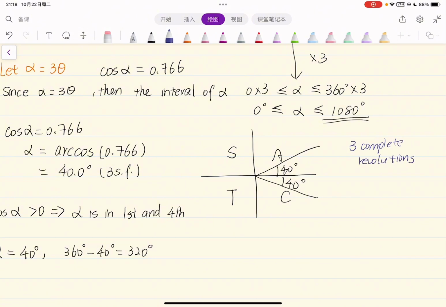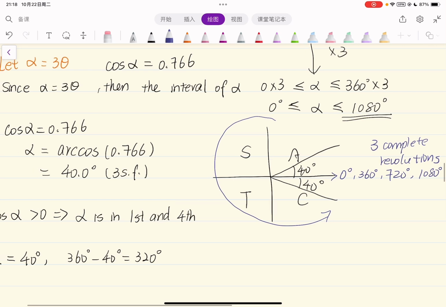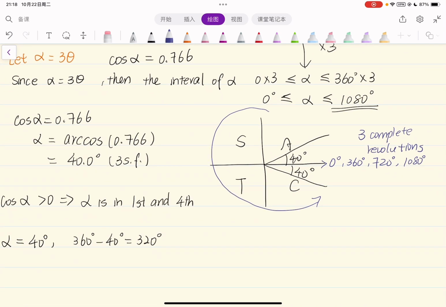We know that the positive x-axis is 0 degrees, and with 1 revolution we have 360 degrees, the second revolution we have 720 degrees, and the third revolution is 1080 degrees. So we can have other values, that is 360 plus 40 degrees. The angle looks like that.